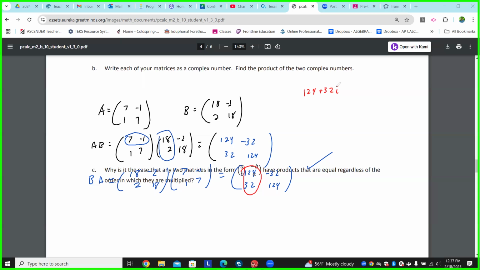Let's think about it. But why is that form always going to give us the same answer? Okay, what about that negative? It's just there. This matrix transformation does 2 transformations specifically. What are they?